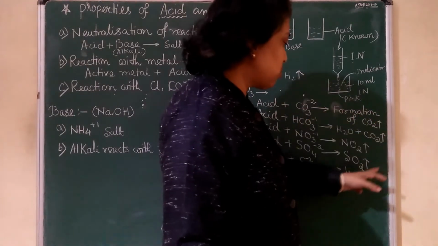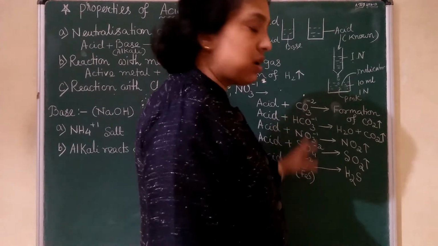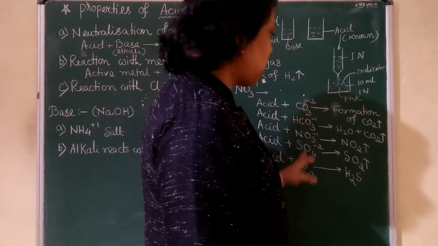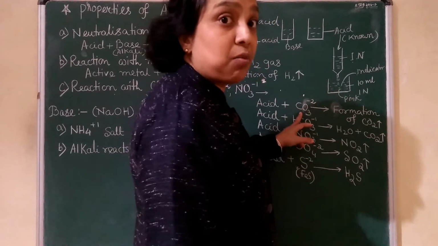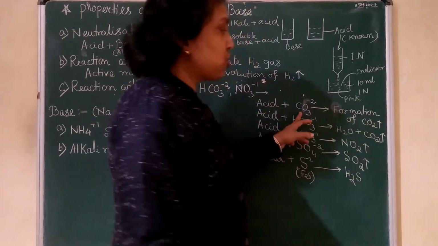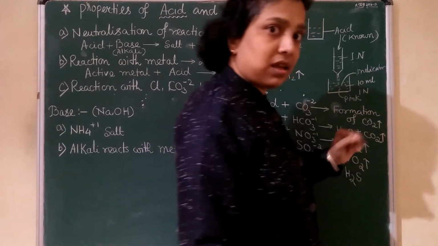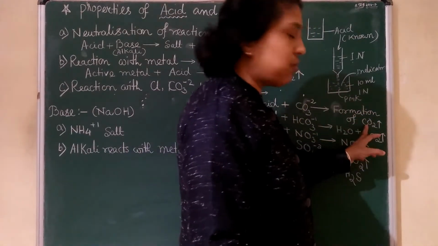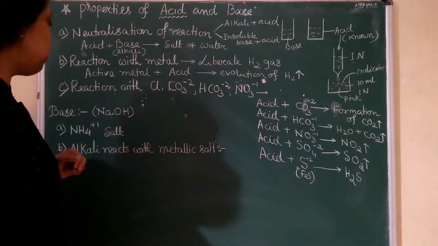These are the gases formed with these kinds of salt. This is very important. You write it down and you have to remember it. We have seen decomposition of this kind of salt, where carbon dioxide forms. Now when it is reacting with acid, remember that this kind of gas is liberated.